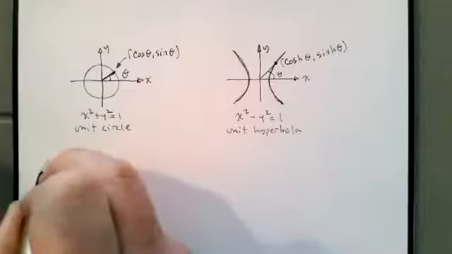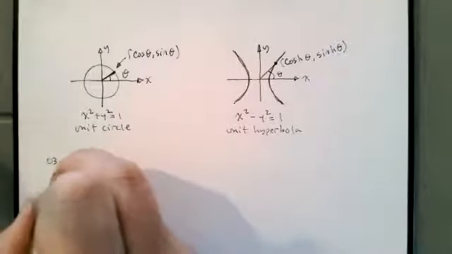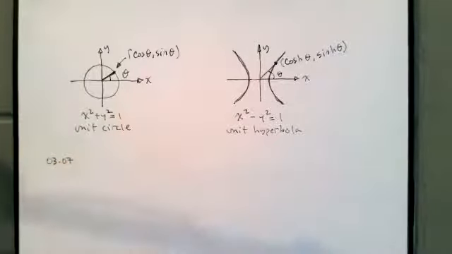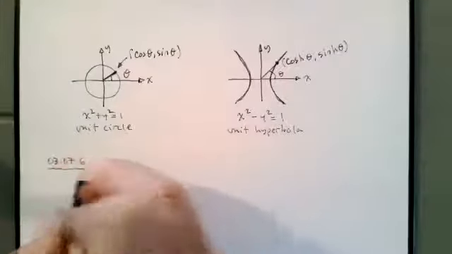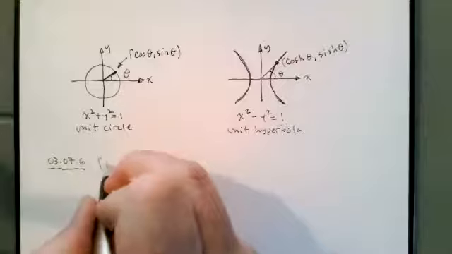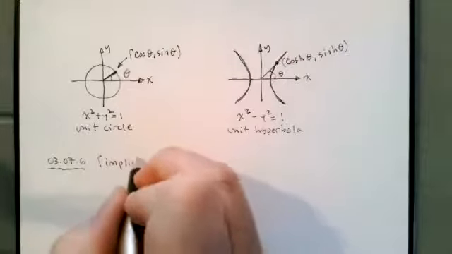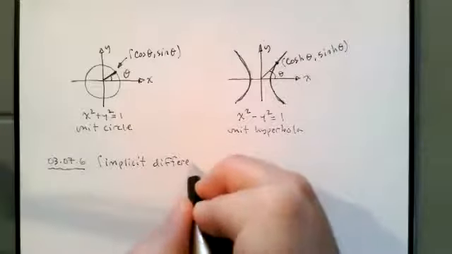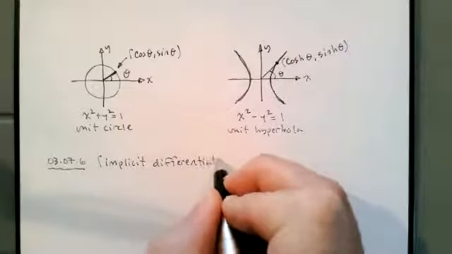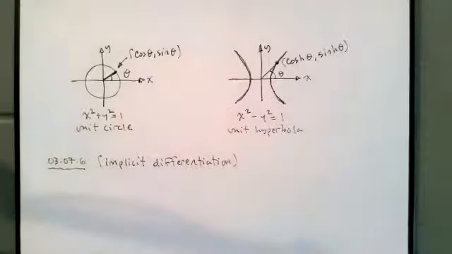There was another question on chapter 3, section 7, problem number 6. This is back in implicit differentiation. So we've got this nice, cool, messy function going on.